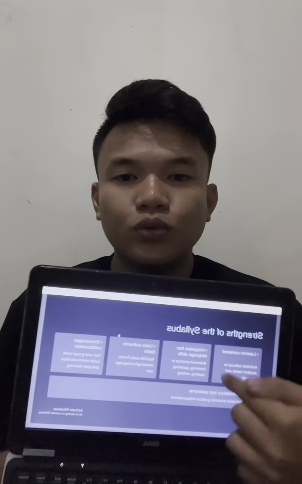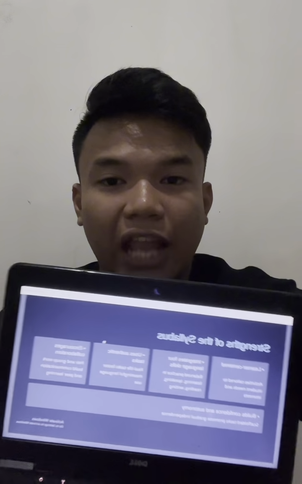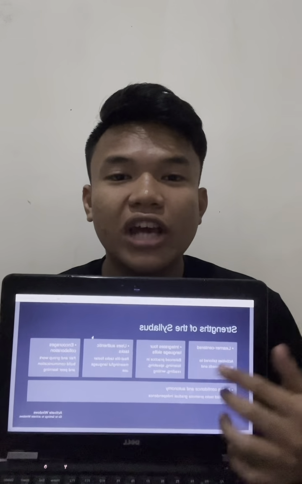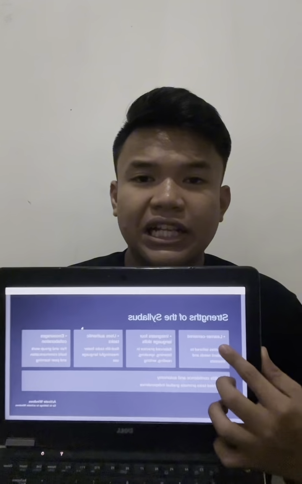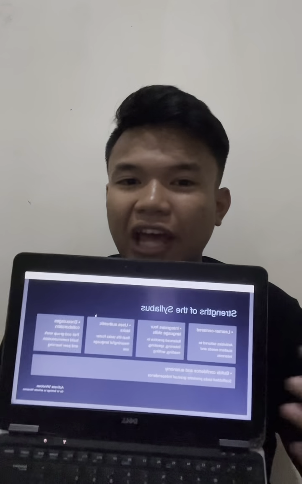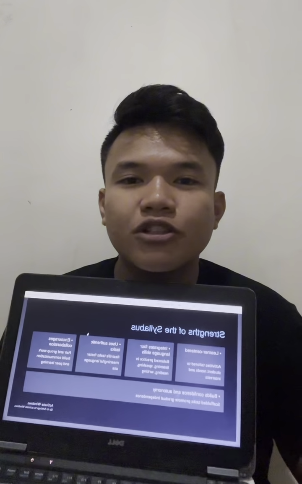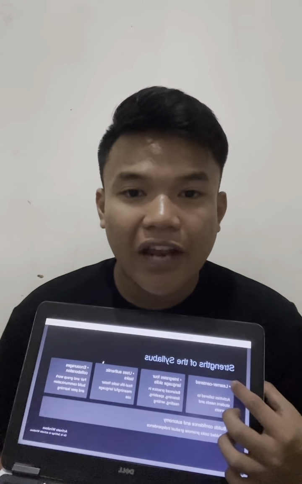And below are the strengths of the syllabus. There are several strengths of the syllabus. First is learner-centered, meaning the activities are designed based on students' needs, interests, and abilities.